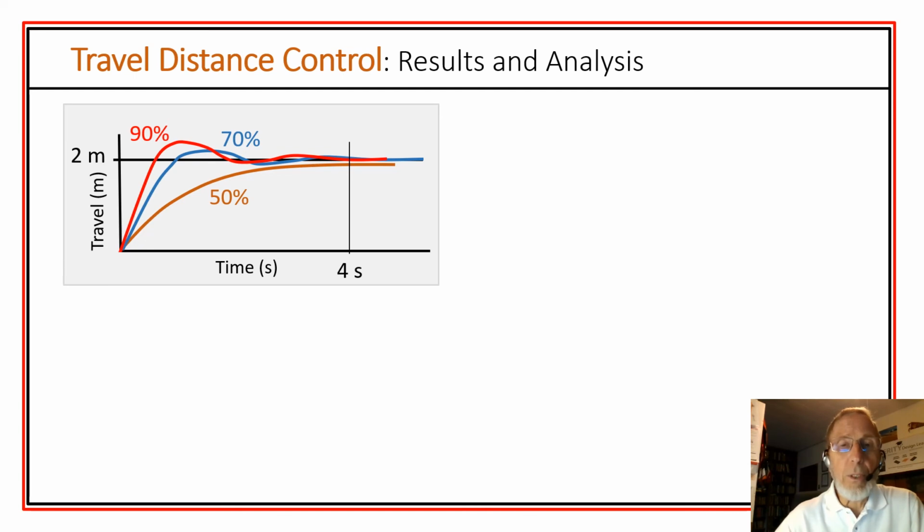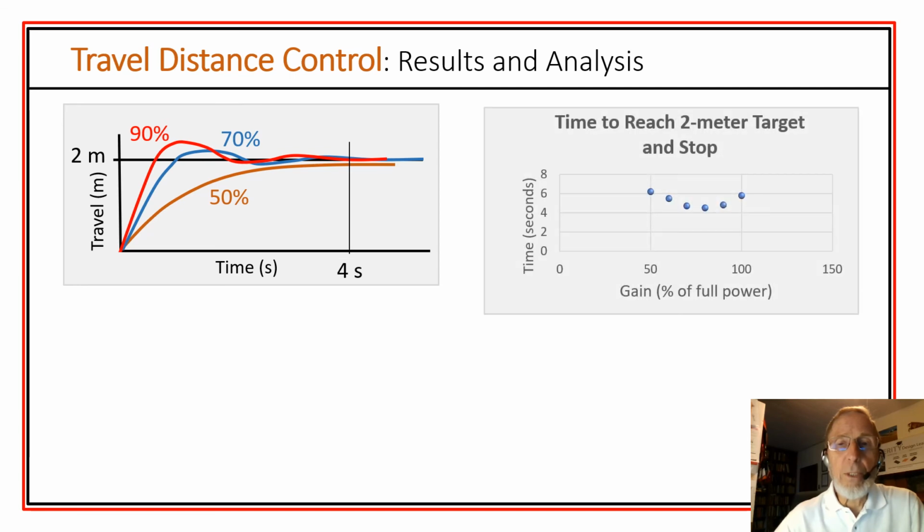When we get to much lower, under say 50% power, it's going to avoid overshooting, but it more slowly approaches the 2 meter target. So it takes a long time for it to get close.